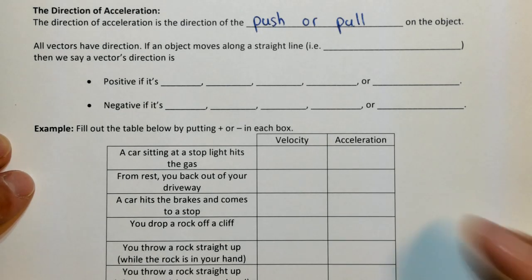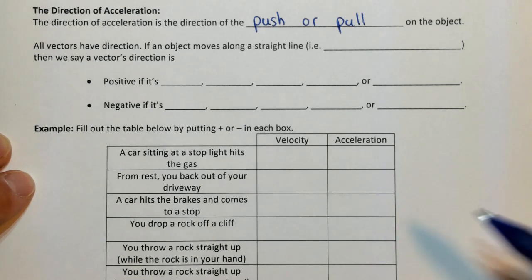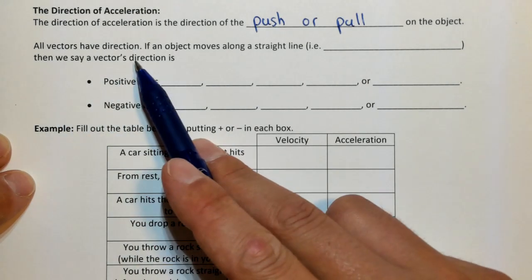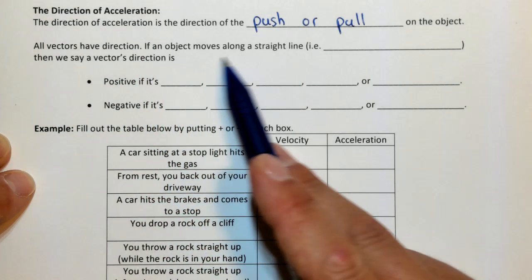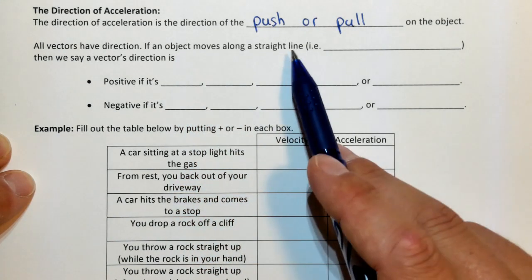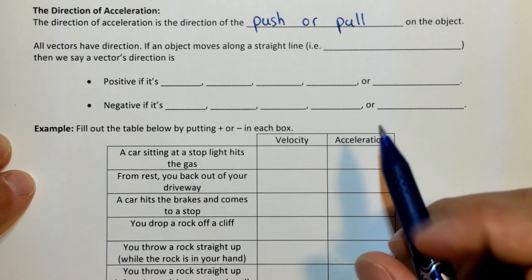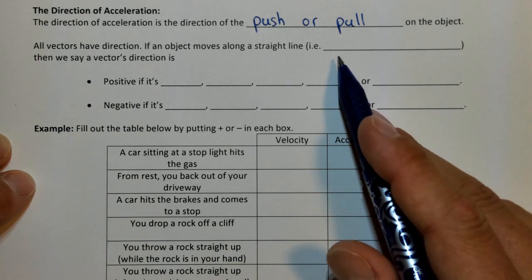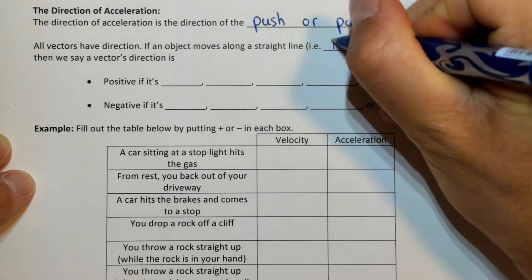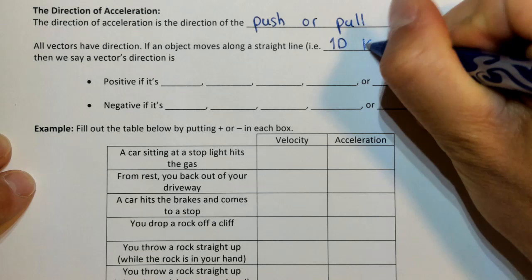Now, before we get into some examples, I want to talk about how we're going to communicate these directions. So all vectors have a direction. If an object is moving along a straight line, which is what we're discussing right now, which is called 1D kinematics.